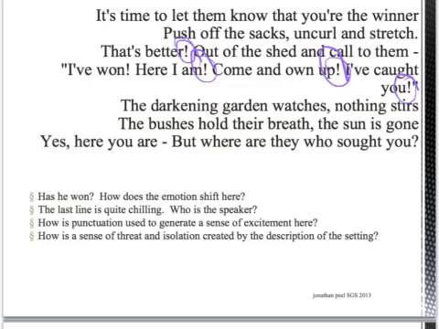And when you think about that, then think about the immediate effect of the change that comes in these lines. The darkening garden watches, note again the assonance there, but the sense of darkness, the sense of stillness and silence.